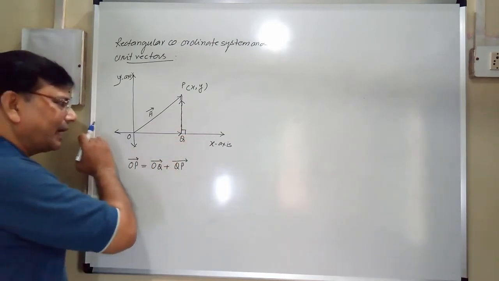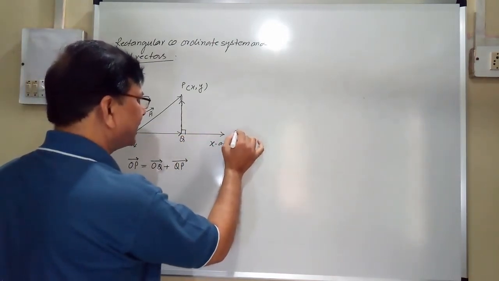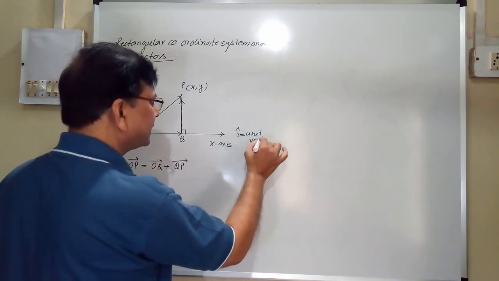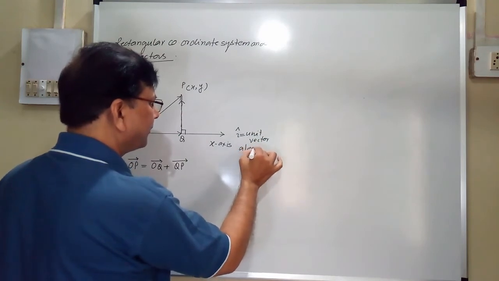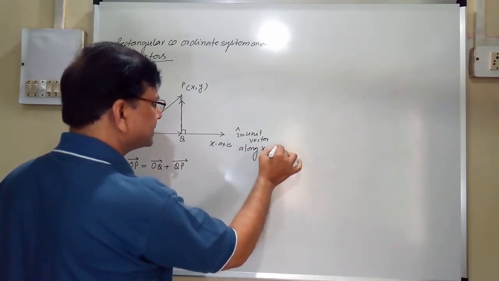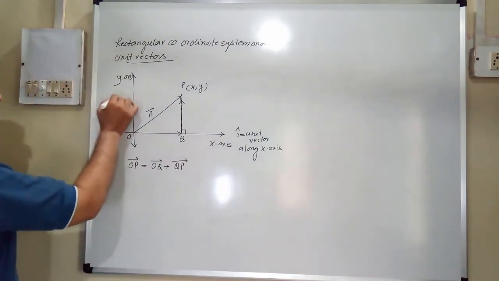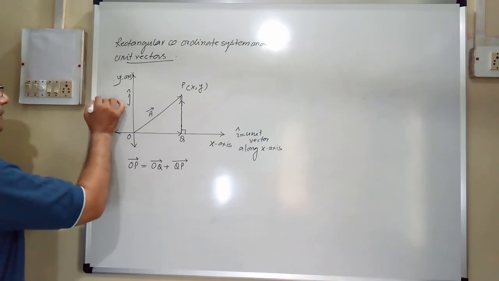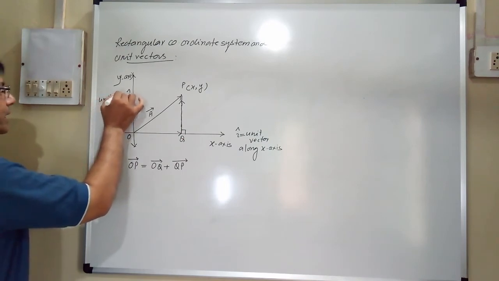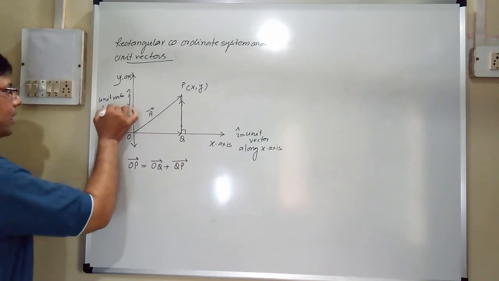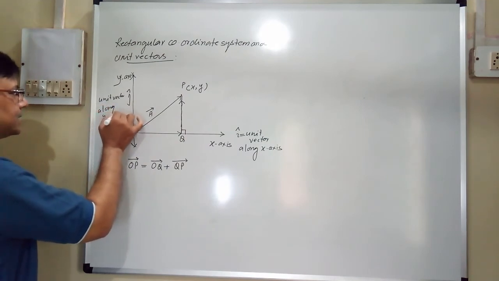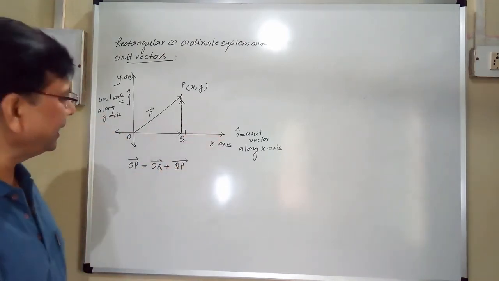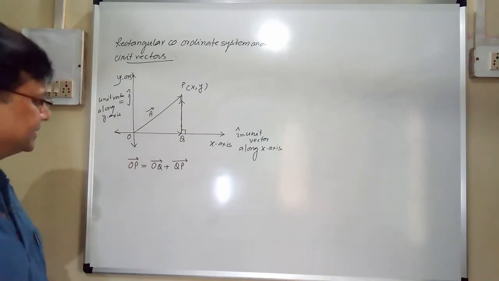The unit vector along the x-axis is represented by small i. Similarly, along the y-axis, j is the unit vector. So the unit vector along the x-axis is i, and the unit vector along the y-axis is j.